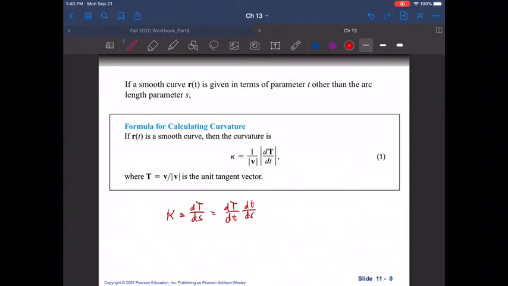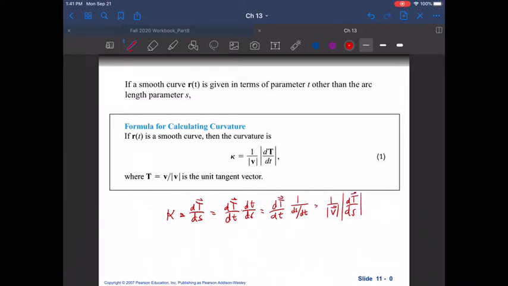Well, the dt's would cancel, so that's our chain rule. dt/ds is just the reciprocal of ds/dt, and that's just the speed. Since ds/dt is a scalar, this becomes 1 over the magnitude of the velocity times dT/dt, like that.